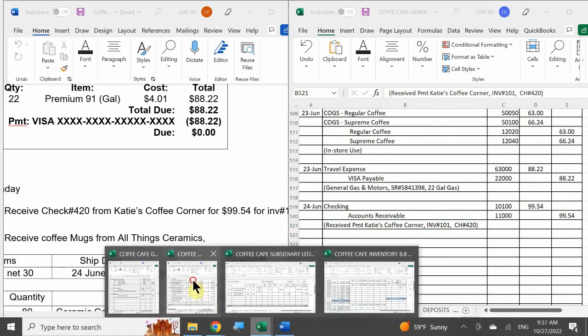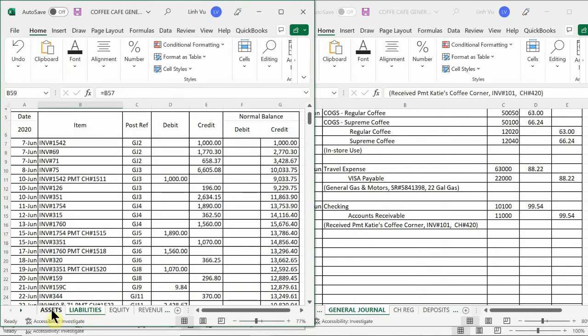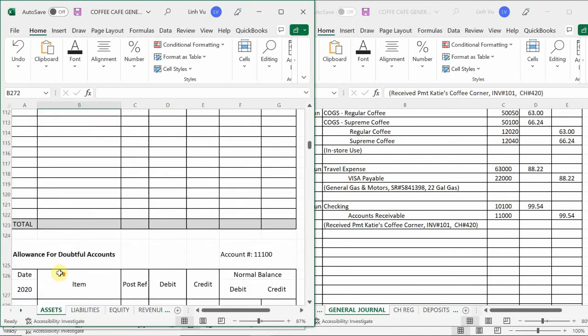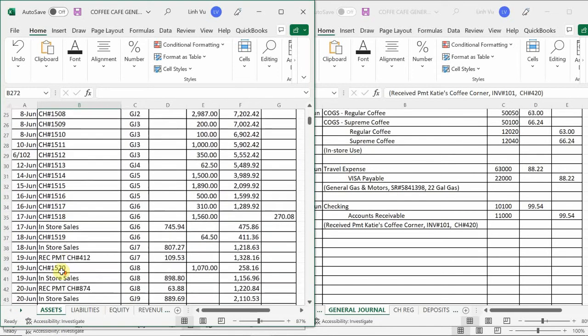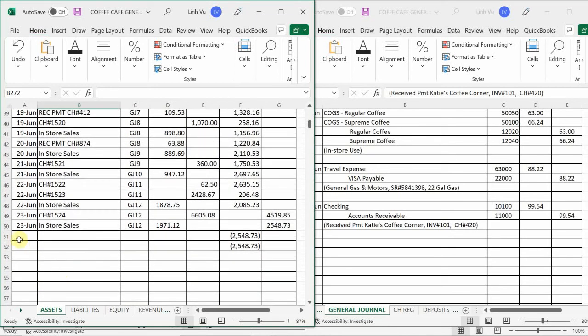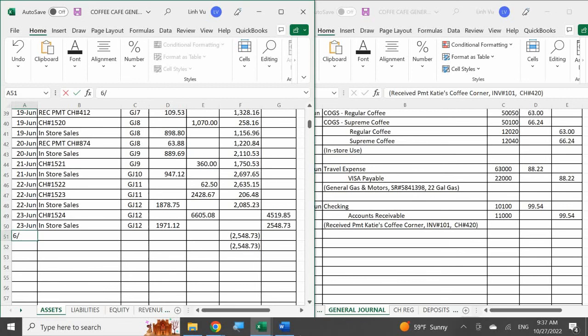So we're going to update my ledger accounts for assets, $99.54.